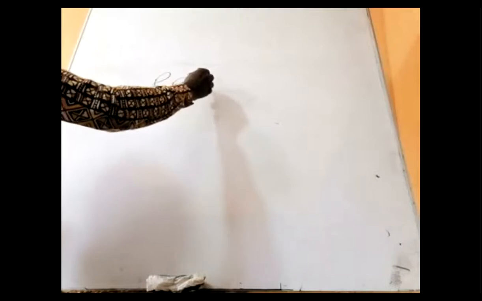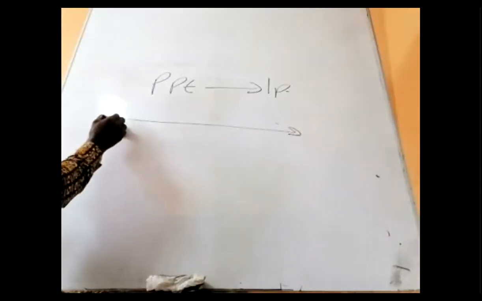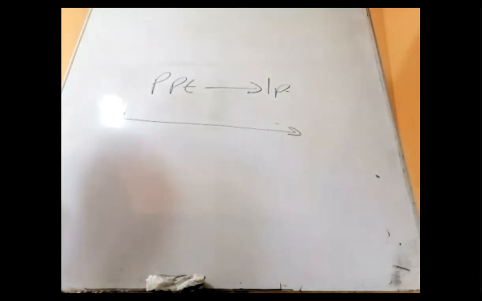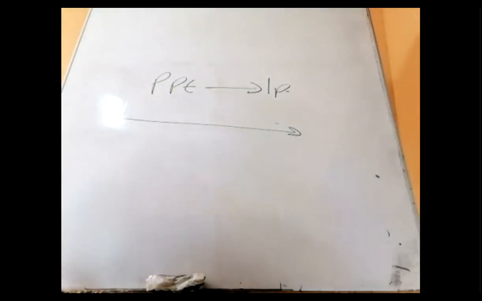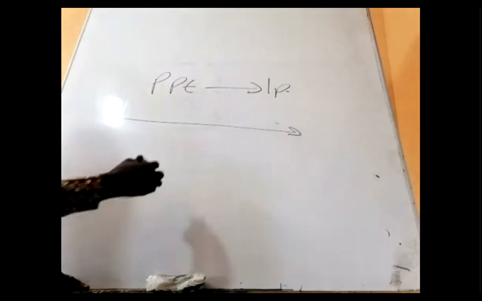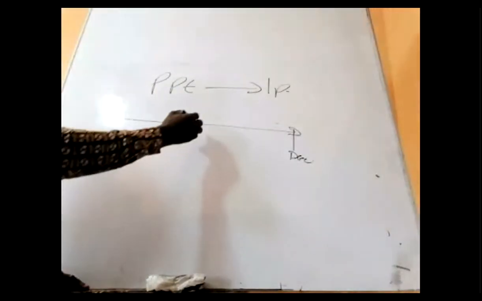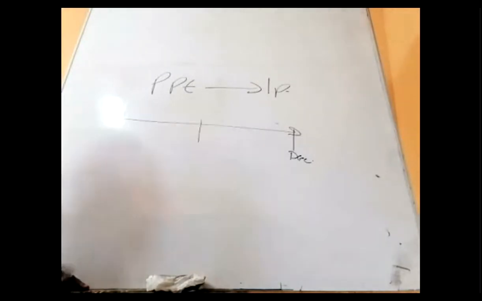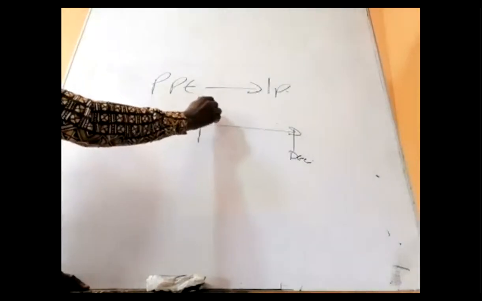So transfer PP to IP for the treatment. Now let's go to the accounting treatment. Let's assume that our financial year ends in December. Let's just assume that the transfer took place here.